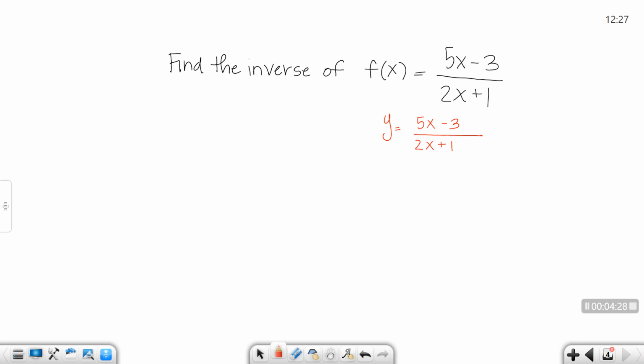After that, we're going to interchange x and y. Everywhere you see an x, write a y, and everywhere you see a y, write an x. So this y becomes x. This x becomes y. This x becomes y, and that's how it looks.